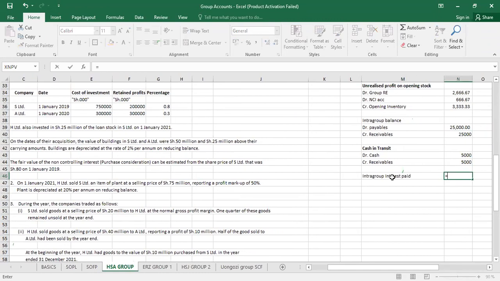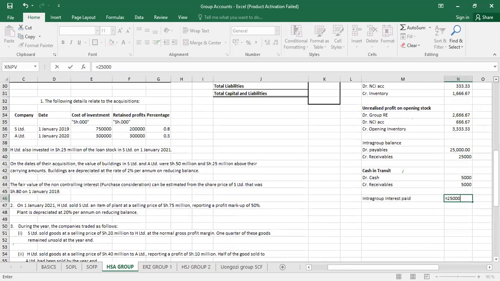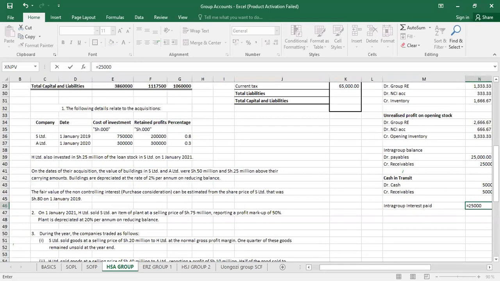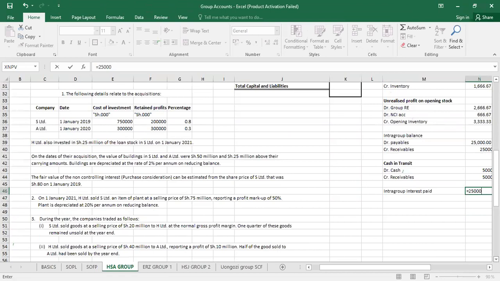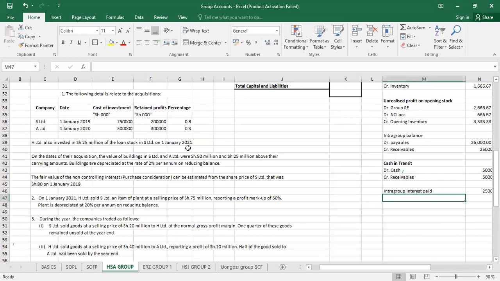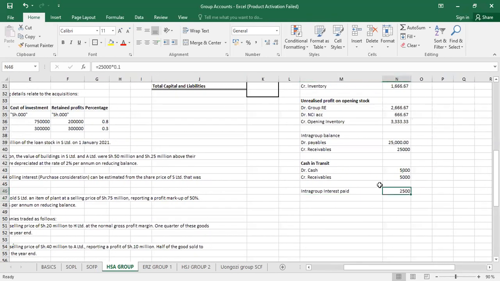Remember, it invested 25 million in the loan stock of S. You can check the statement of financial position. The loan had an interest of 10%, so intergroup interest is times 0.1, times 10%. But remember, on 1st January 2021, so 2 years have gone, times 2.